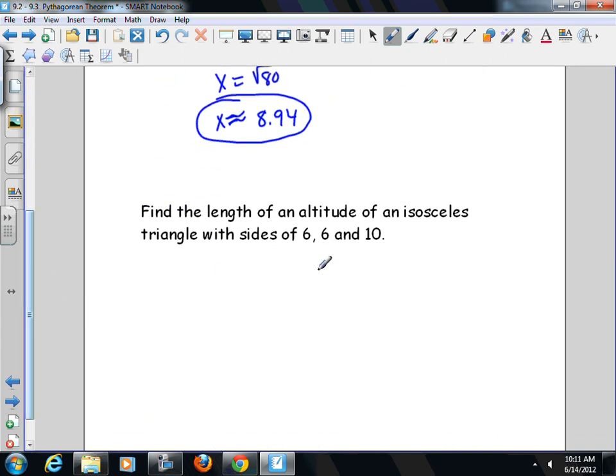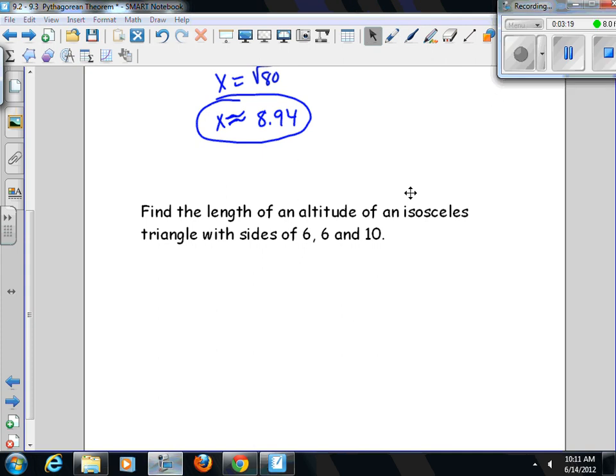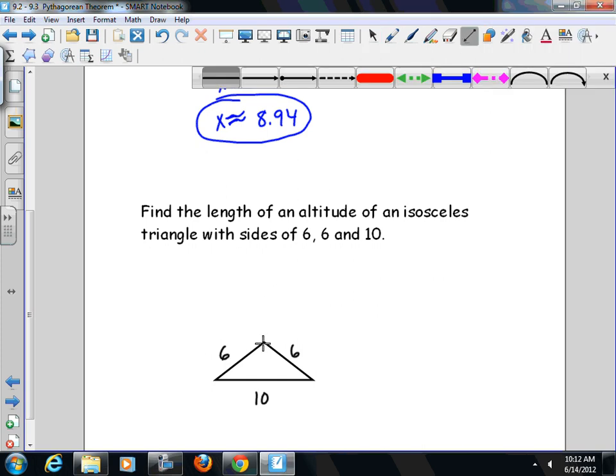Let's try this next one. Find the length of an altitude of an isosceles triangle with sides of 6, 6, and 10. I'm going to draw, or at least attempt to draw, a diagram to represent this. So here's our diagram, and I do want to draw in my altitude.